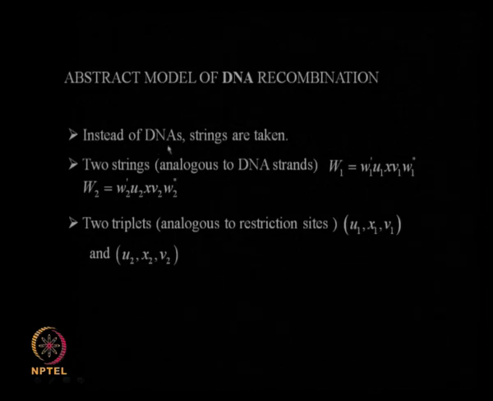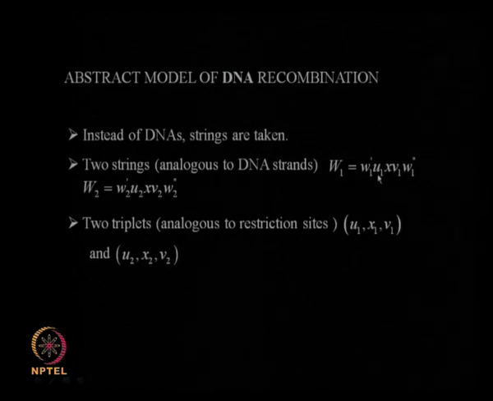Instead of using the DNA strand, you use any string over an alphabet, and two strings analogous to DNA strands. You have one string W1 as W1' U1 X V1 W1'', another string W2 which is W2' U2 X V2 W2''.